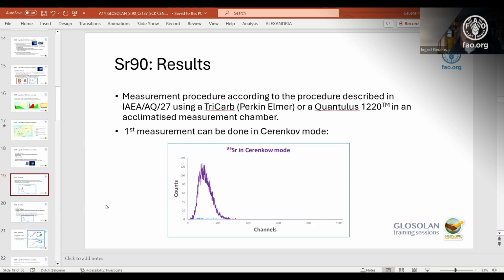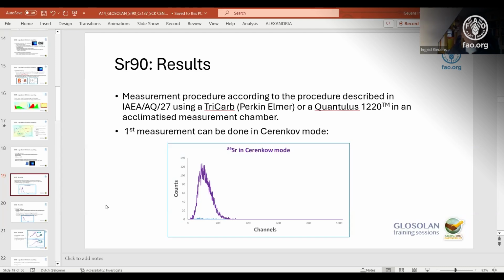We're using a Tri-Carb from PerkinElmer or a Quantulus. Those are the two instruments we have. And it's in an acclimatized measurement chamber. The most important thing is that it's stable, that the temperature and the moisture in your chamber are stable. It can be a little bit higher or a little bit lower. That doesn't matter, but it should be more or less stable.